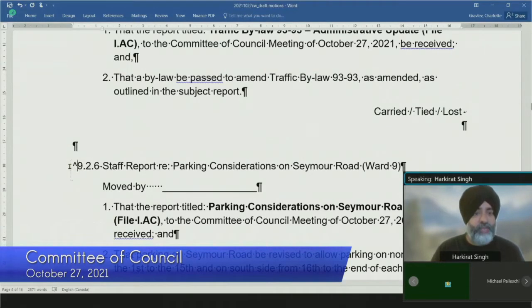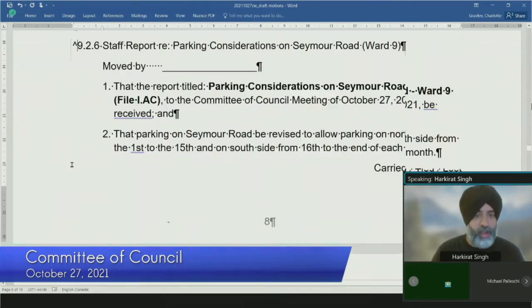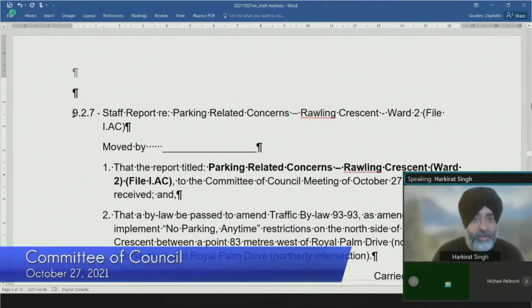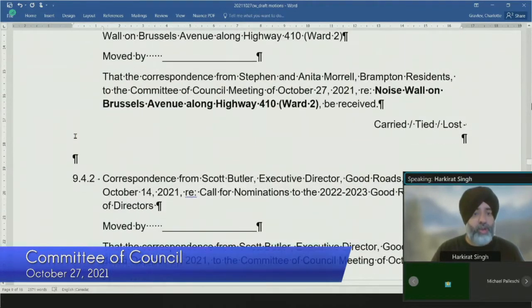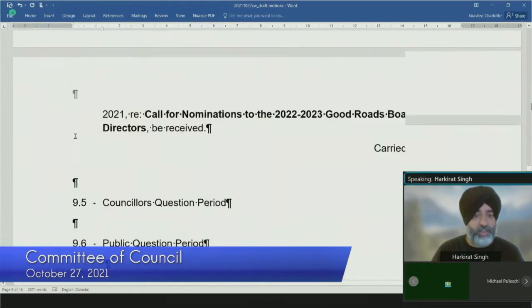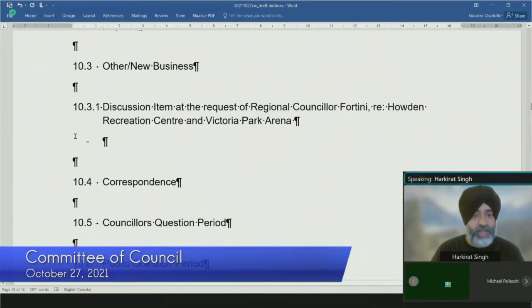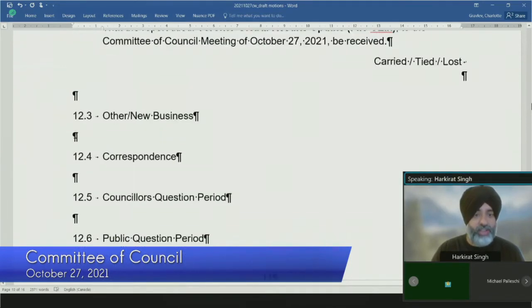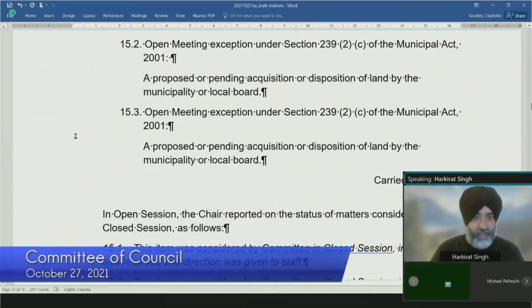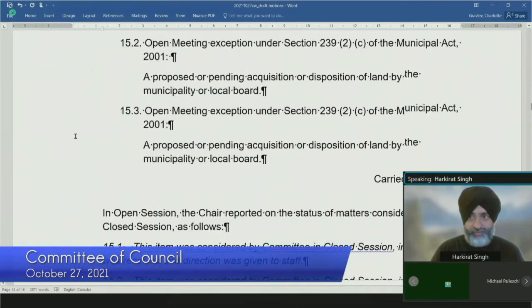Consent. 9.4.2 correspondence from Scott Butler, Executive Director, Good Roads, dated October 14th, 2021, regarding call for nominations to the 2022-2023 Good Roads Board of Directors. Okay, consent. 15.1 open meeting exception under section 239(2)(c) of the Municipal Act, 2001, proposed or pending acquisition or disposition of land by the municipality or local board.